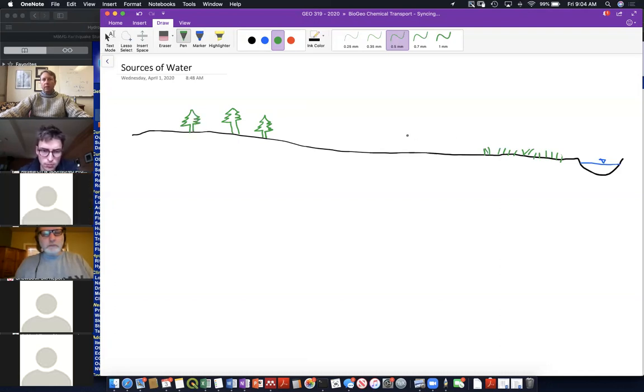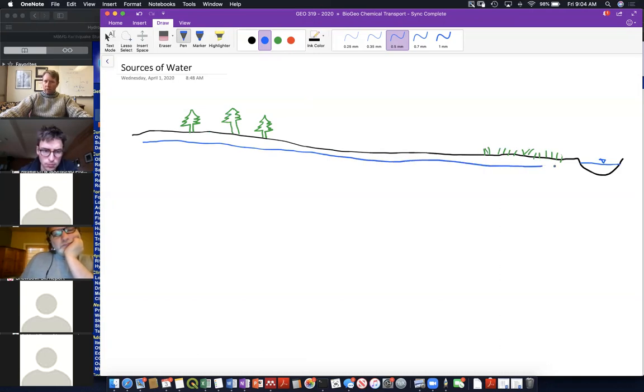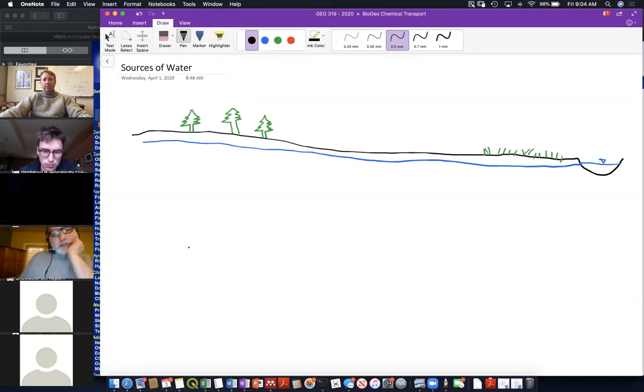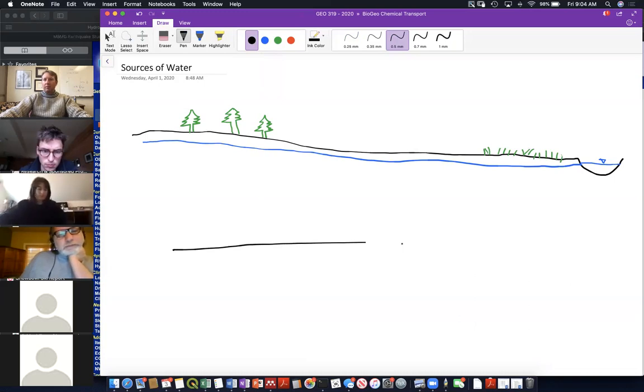Okay. So we define the critical zone as that zone between the tops of the vegetation and the atmosphere down to the bottom of our circulating water. All right, so let's say it's some depth down here, some imaginary depth.